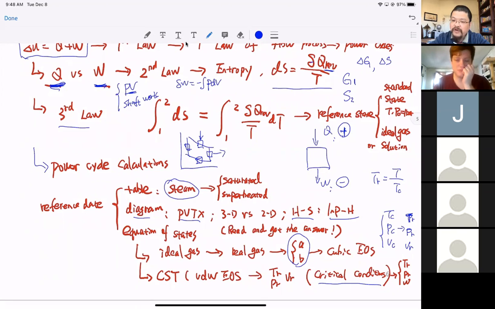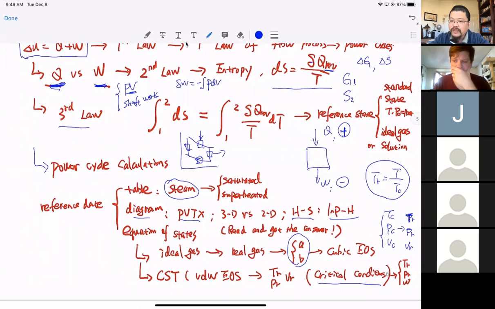Then I can say that if I have an understanding of nitrogen, I can use that understanding to describe oxygen. That is through the reduced units and the corresponding state principle. And of course, there we started introducing the intermolecular interactions, say hydrogen bond and complex contributions from other features of the system.